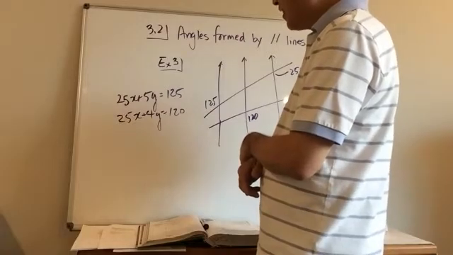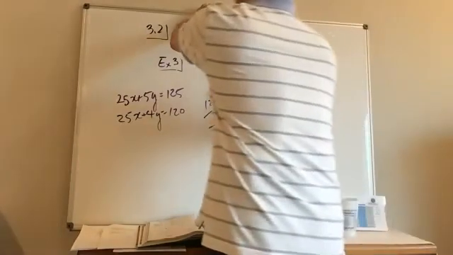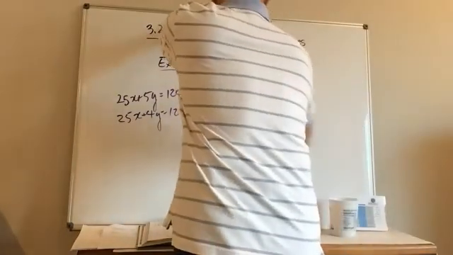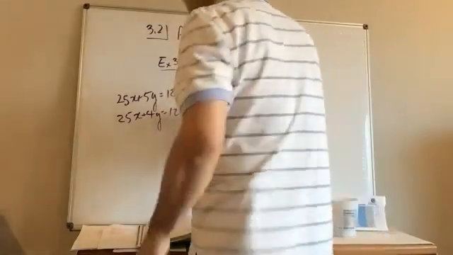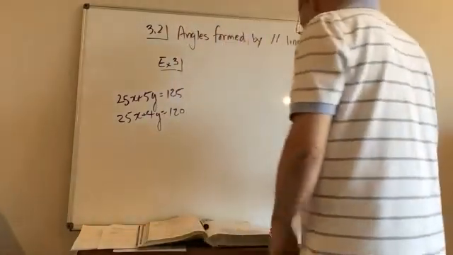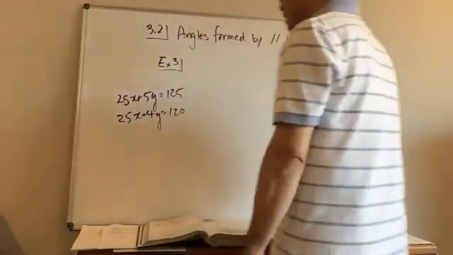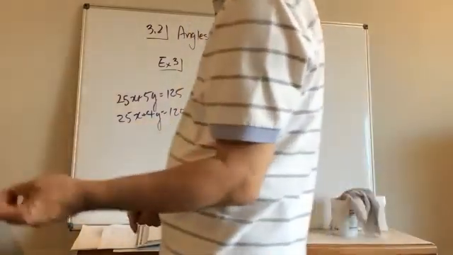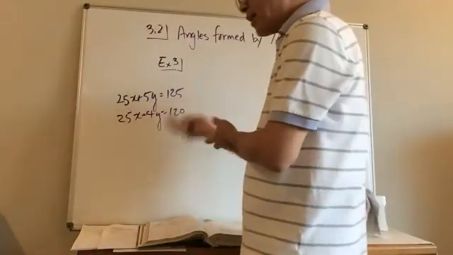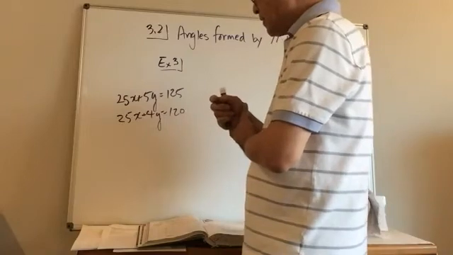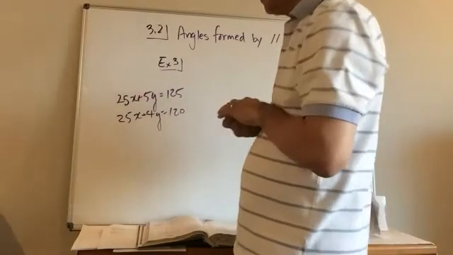So substitution means that you would solve for x or y in one of the equations, and you would substitute that into the other one, correct? Yes. Elimination, which is the other one, is you would eliminate one of them by adding or subtracting, correct? Correct.